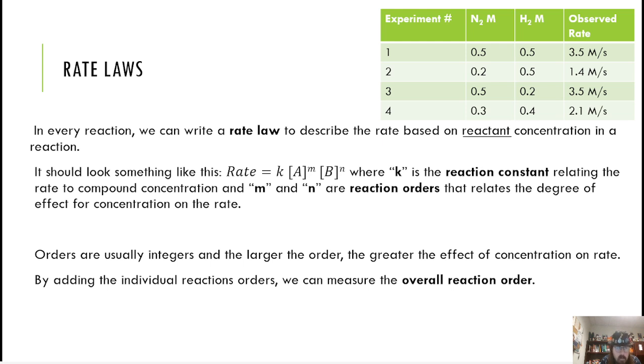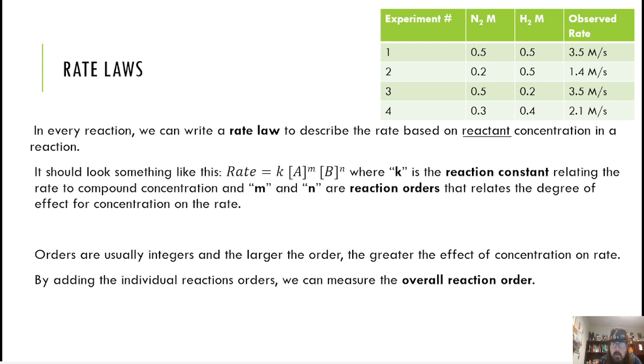Hydrogen may have a lower effect. Hydrogen may have no general effect on the rate. And so by measuring the initial concentrations and using that to observe a rate of reaction, we can learn something about how the reaction actually takes place. And so we will write a rate law.